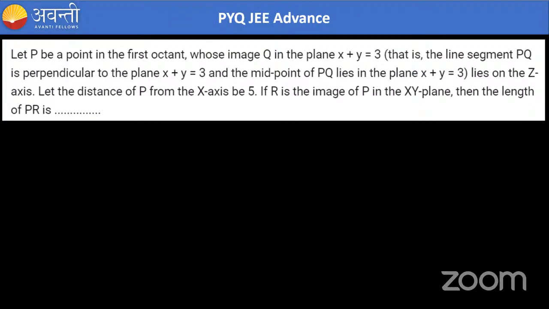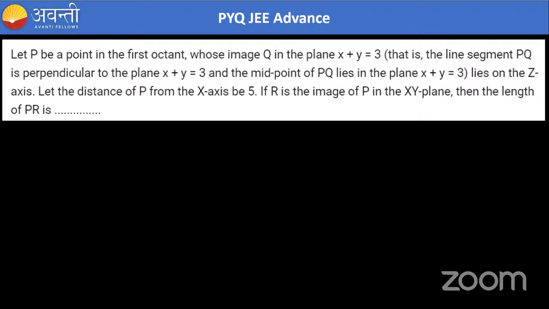In this question, it is saying that let P be a point in the first octant whose image Q in the plane x plus y equals 3, that is the line segment PQ, is perpendicular to the plane x plus y equals 3, and the midpoint of PQ lies on the plane x plus y equals 3, and Q lies on the z axis.